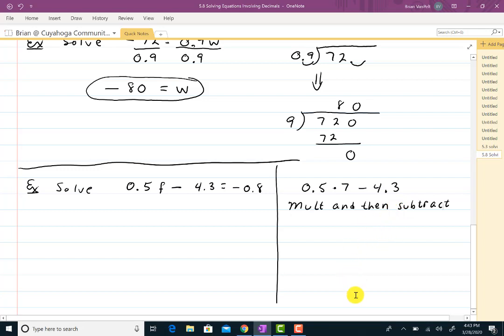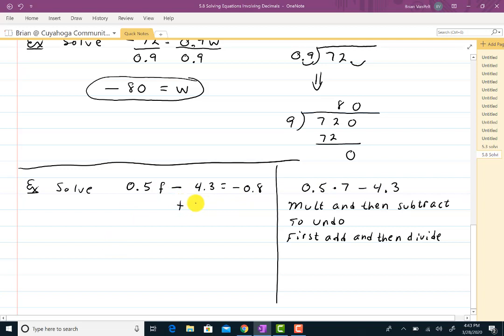So I will first, to undo, first add, and then divide. So that's what I'm going to do here. I'm going to undo the order of operations so that I can come back and find my way to f.